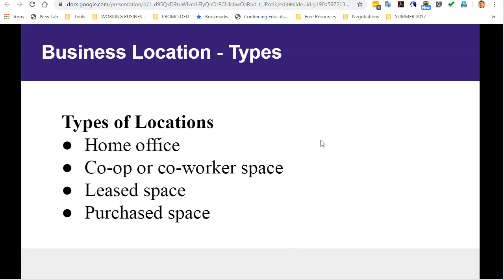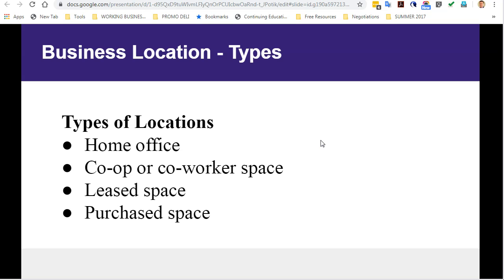So one of the things you want to think about are the types of places that you can get. Whether you're a retail or non-retail business, you can work out of your home office. You could rent a shared space, such as a co-op or co-working space, where many people of a similar type of business pay a little bit of money and they might share an office building, right?